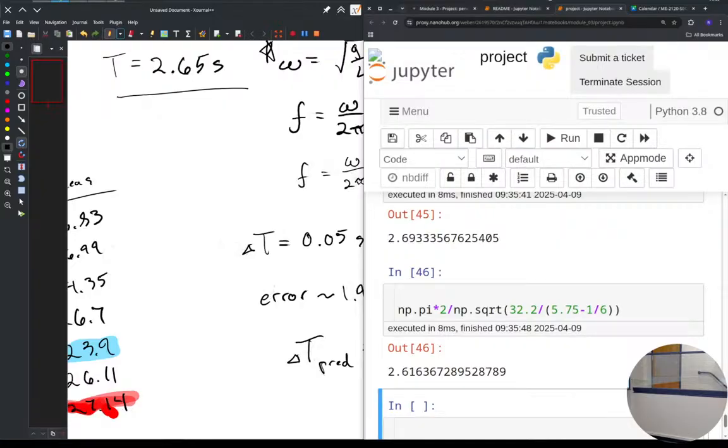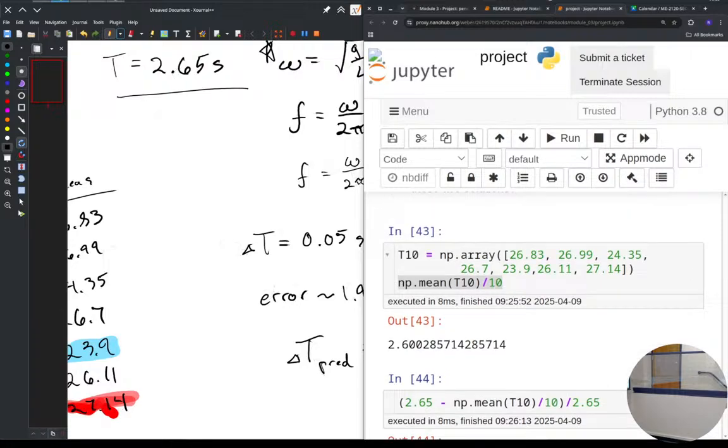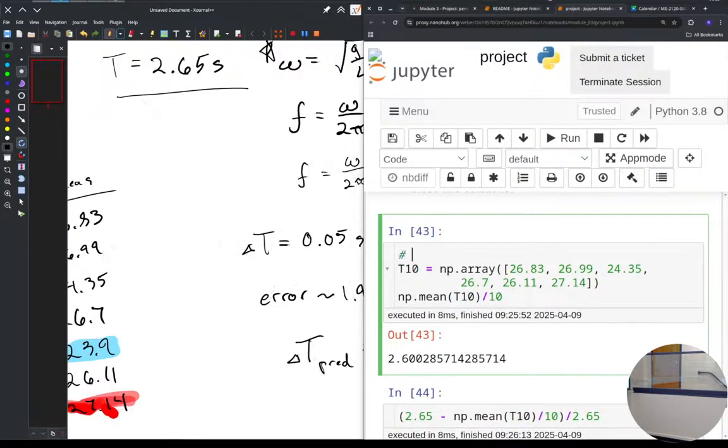Actually, you know what? What if you did get rid of those outliers? What if you get rid of the highest and lowest value, consider them outliers, and took the average of them? The 23.9 and the 27.14. Yeah, delete them, or comment them out. Then in the interest of science, we'll keep them. And then the 24 you want to get rid of?